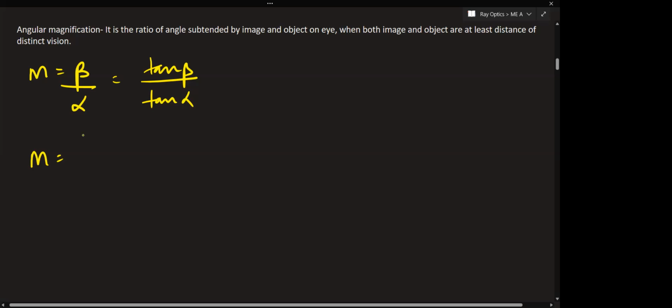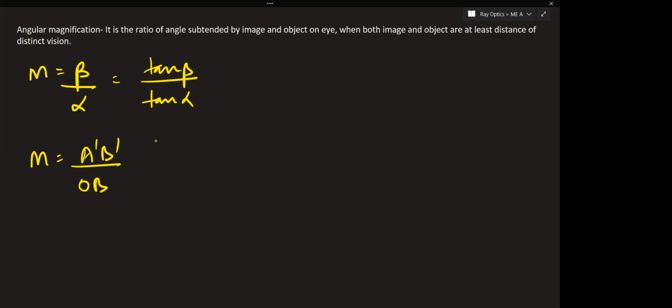So yes, beta was what? Angle subtended by the image, right? So see, this becomes A dash B dash by OB, no?